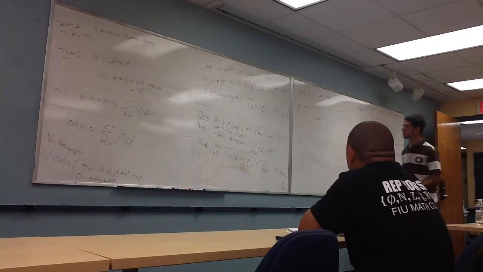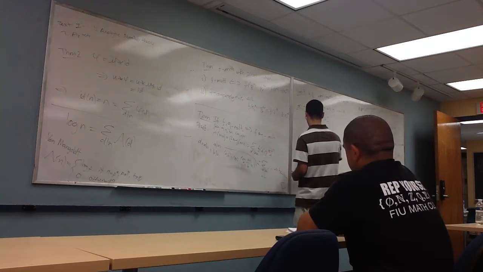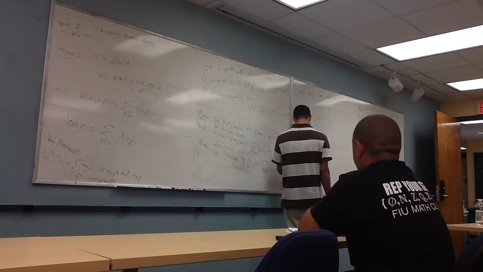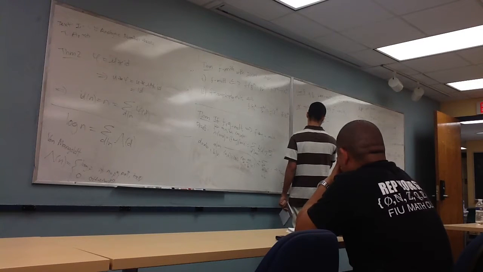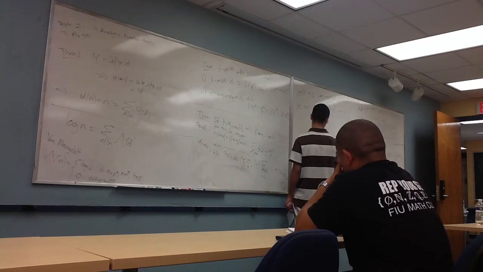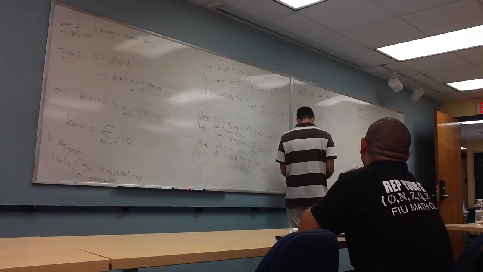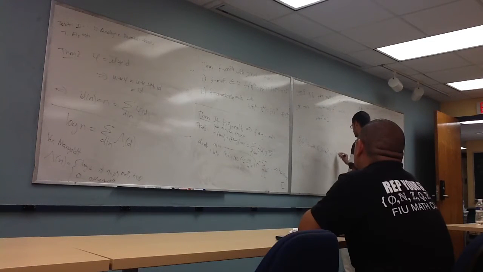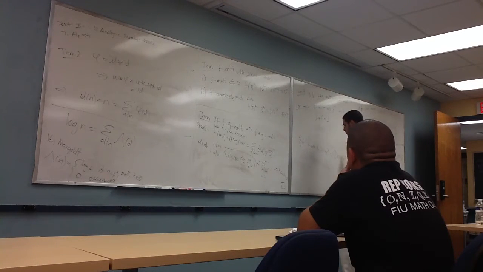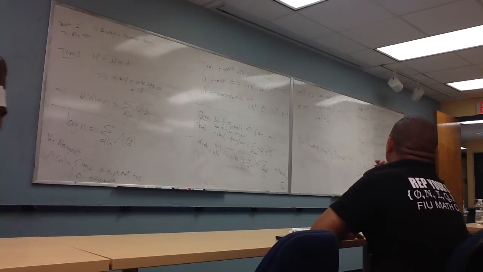And combining more of these results, we see that the set of arithmetic functions f with f of 1 not equal to 0 forms a subgroup of the Dirichlet, or the abelian group, I think I defined before.